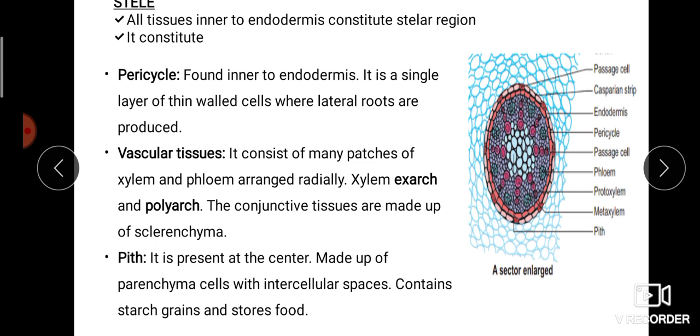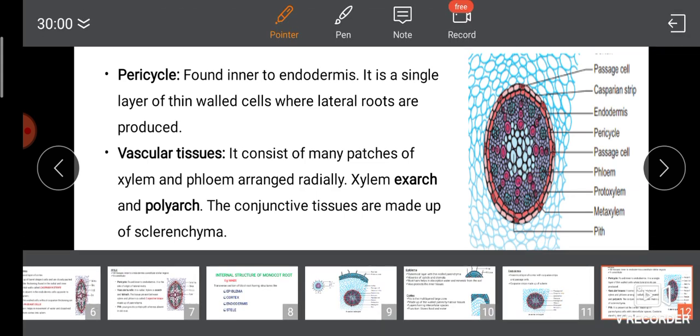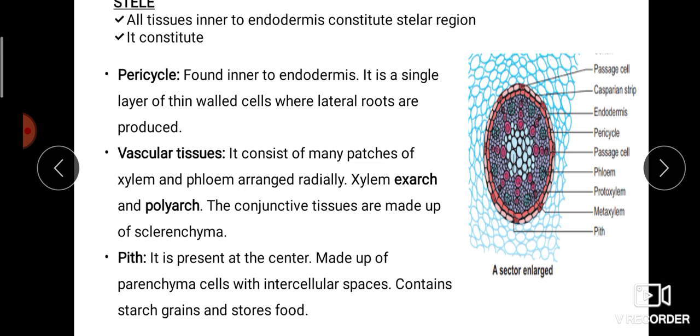Exarch means the protoxylem faces towards the endodermis, that is towards outside, whereas the metaxylem is towards the center. And how many xylem tissues are there? 1, 2, 3, 4, 5, 6, 7, 8 tissues are there. So it is called polyarch. In dicot root we said it is tetrarch, but in case of monocot root it is polyarch.